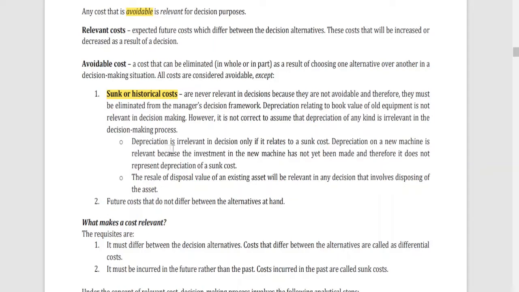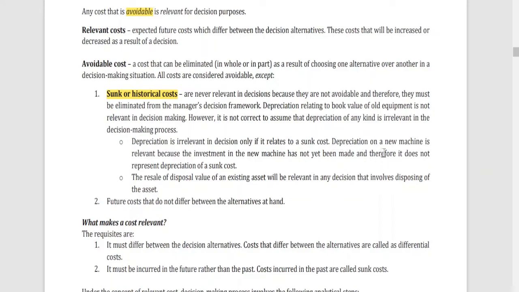Okay? Depreciation is irrelevant in decision only if that depreciation relates to a sunk cost, diba? Remember, the old equipment's historical cost is already sunk. So therefore, the depreciation to the old equipment, which is already a sunk cost, will also be not relevant anymore.